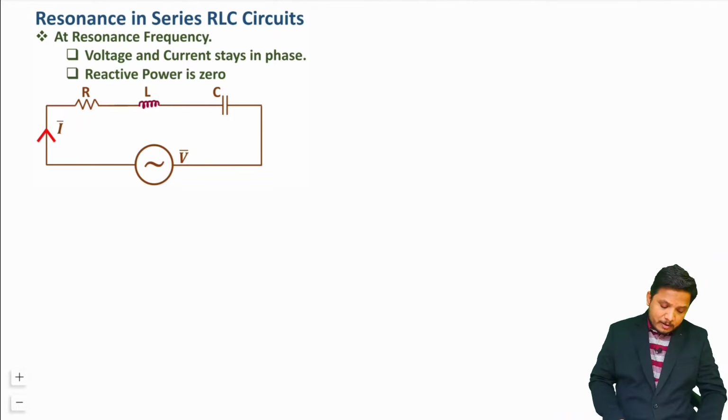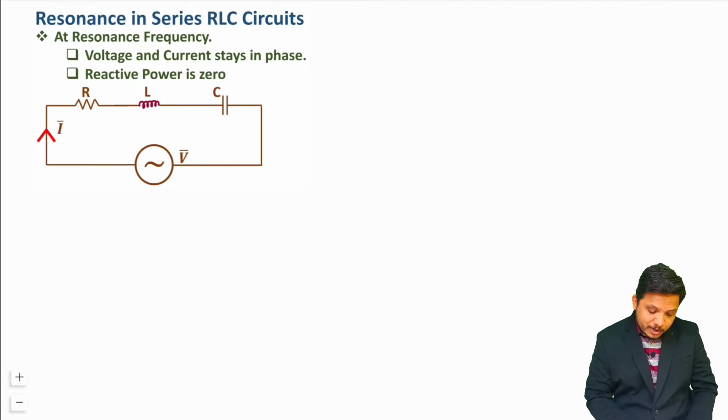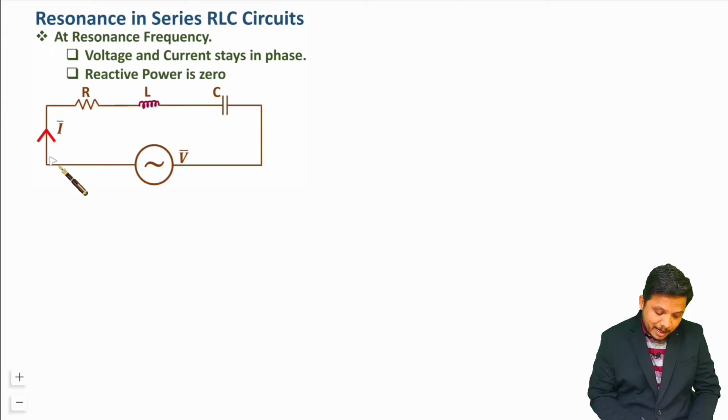As I have told you, for resonance we should have voltage and current in the same phase, and in that case reactive power will be 0. So here we have an RLC series circuit with which we are applying voltage V phasor and current I phasor.